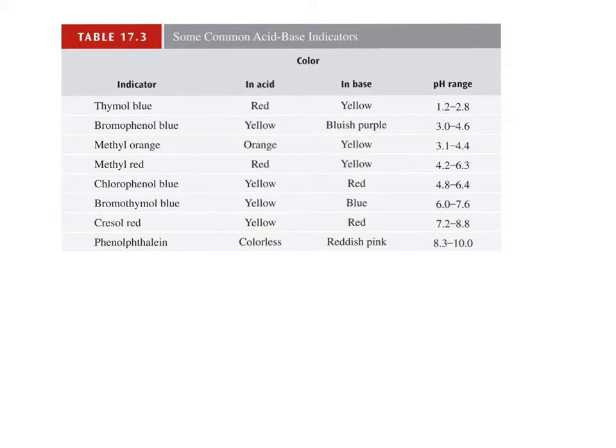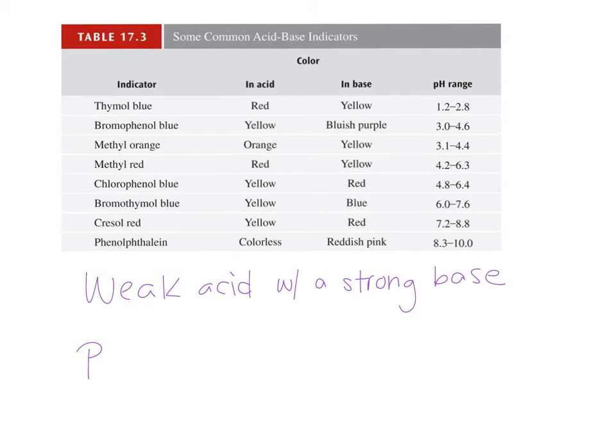So if I knew that I was going to have an equivalence point around 8.5, that is to say I was titrating a weak acid with a strong base, I am aware that the pH should be greater than 7.